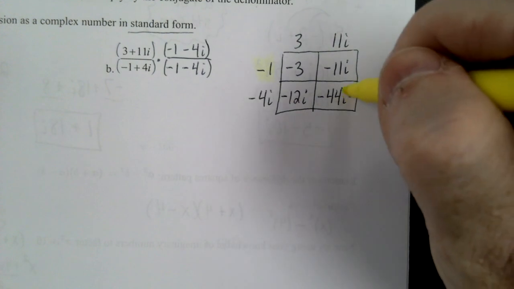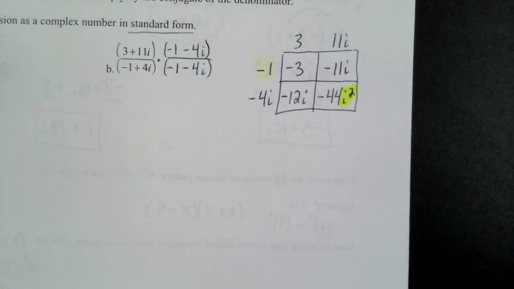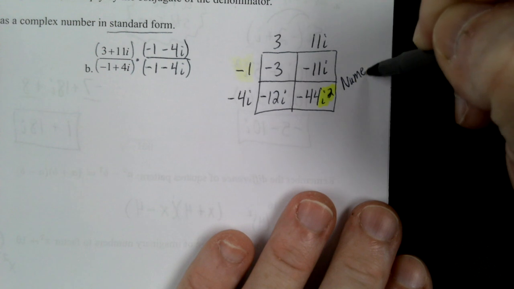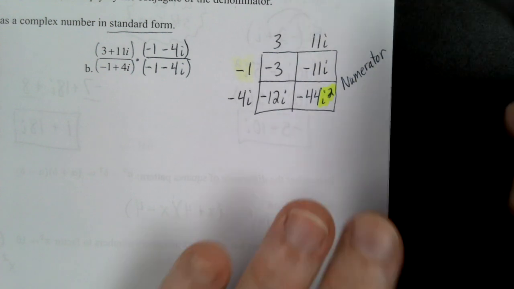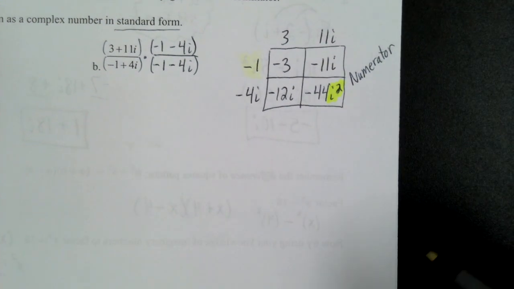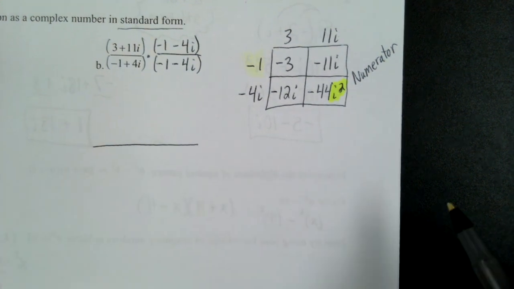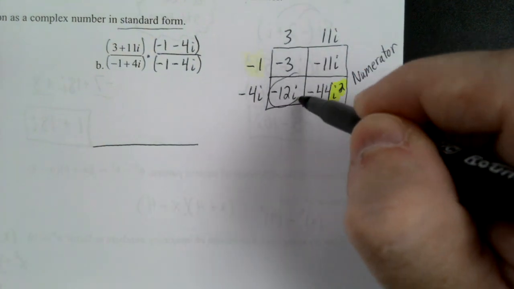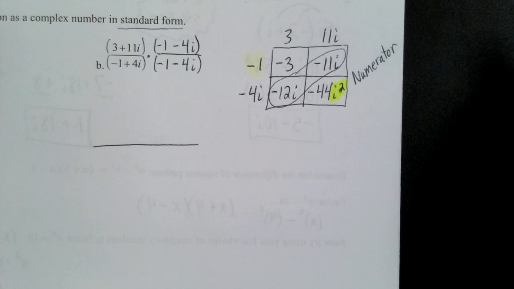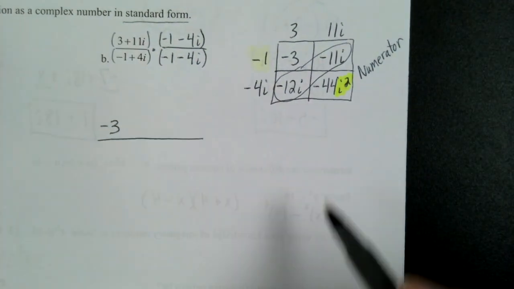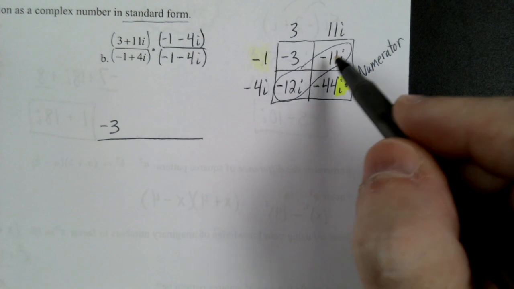So there is that i squared. And I'm just going to put a little note here so I remember. This is my numerator, so the top. Okay, and we can probably go ahead and put that up here. These two are like terms. Negative 3. Those two combine. They don't cancel or anything.